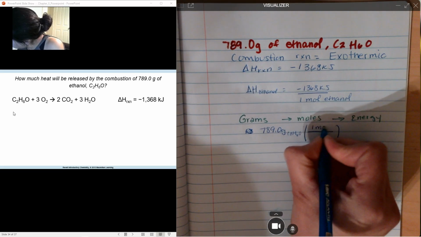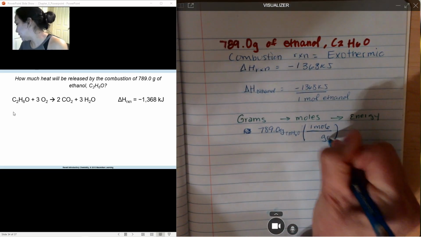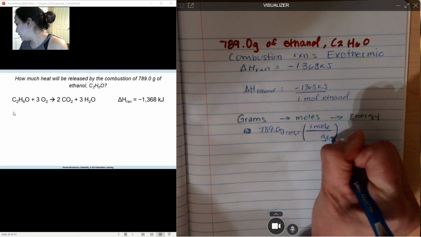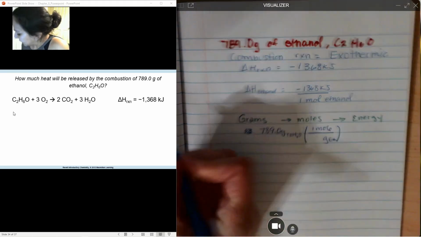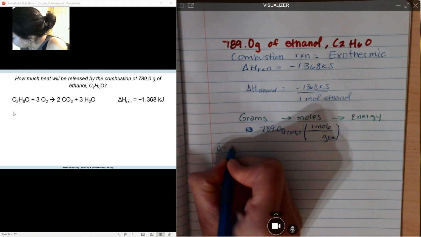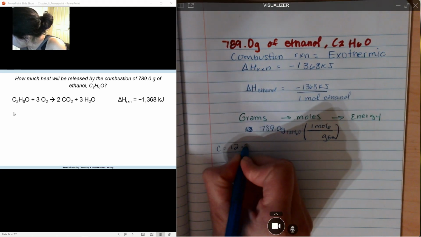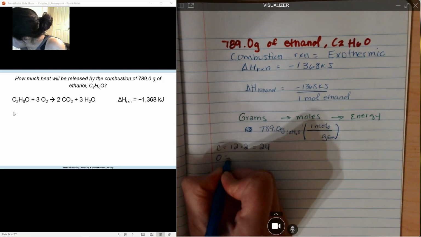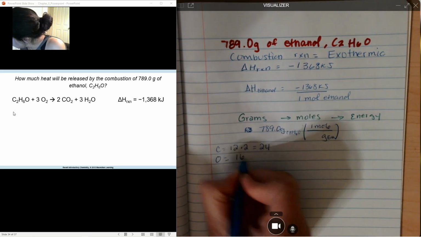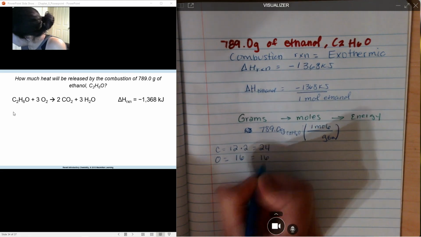In 1 mole, what we want goes on top, and the grams of our ethanol are going to go on the bottom. We have to figure out what that is. Well, carbon is roughly 12, and there are 2 of those, so 12 times 2 is 24. Oxygen is roughly 16, and there is 1 of those, so that's just 16.